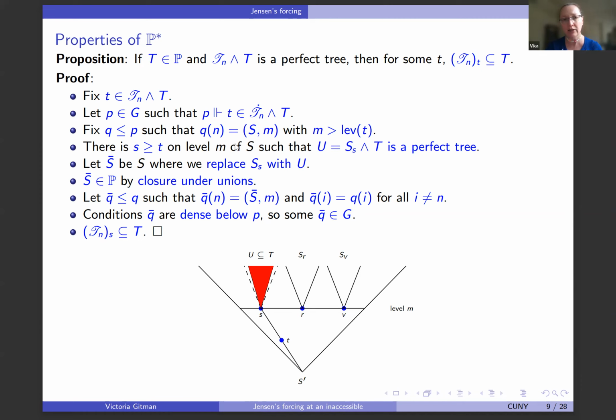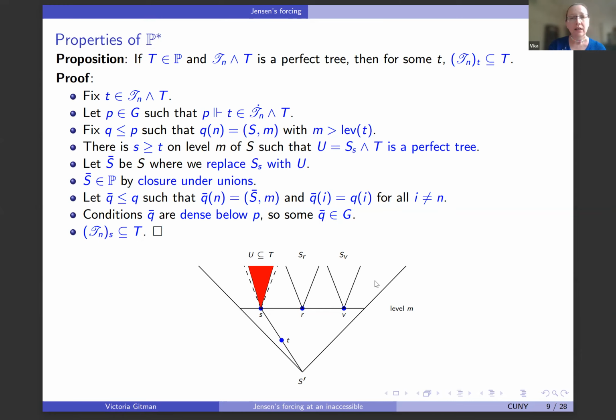So let's say that on the nth coordinate, we have the tree S and then level M. By taking a slightly stronger condition Q, I can assume that the level M is above the level of this node T. And of course, because Q is below P and P forces that this node is in the tree, it must be that the node T is actually in S. So this picture that I have here is accurate.